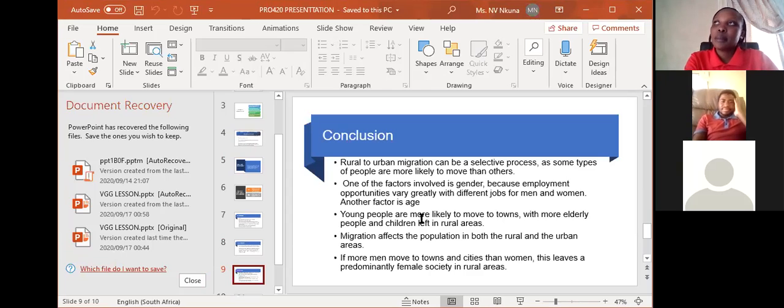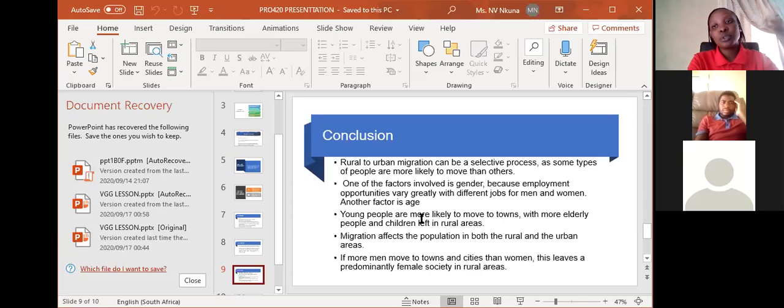The reason why people move from rural areas is that in urban areas there are a lot of job opportunities, and the schools there are better than those in rural areas.